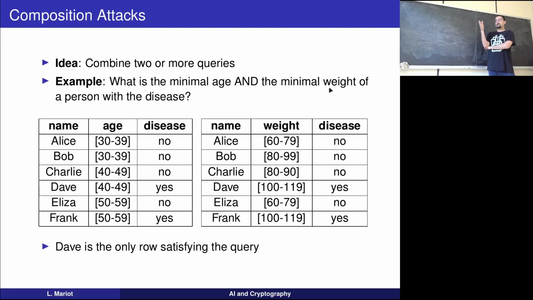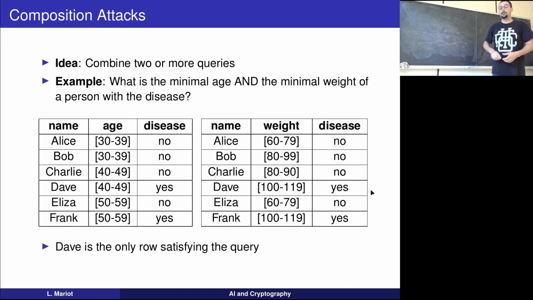If you combine these two queries, then you find out that if you just apply it on a single data set, you are in the good position of applying k-anonymity, so there will be a probability of 1/2 that you are going to identify the correct row. Here instead, we are able to re-identify Dave, because we know that he is the youngest inside that group having the disease, and also the one with the minimal weight.